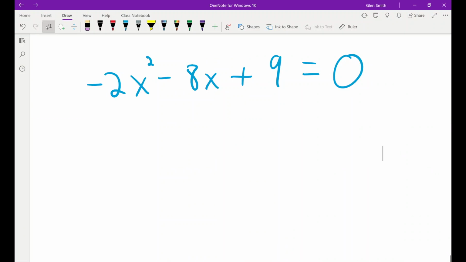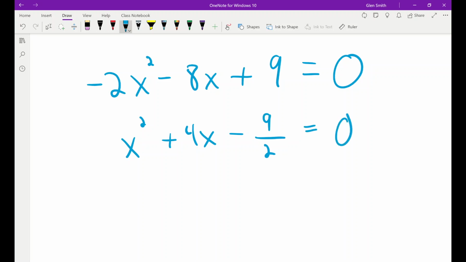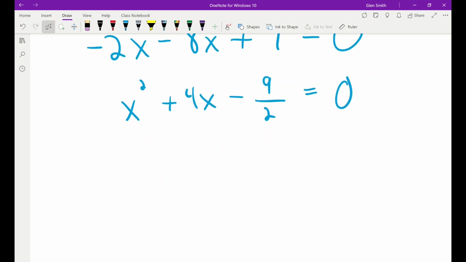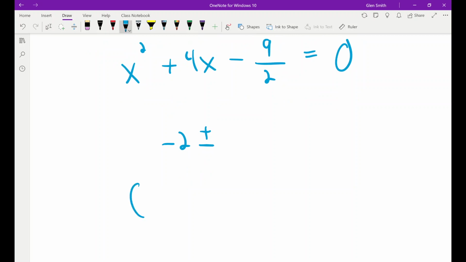So if you divide this by negative 2, this turns into x squared plus 4x minus 9 halves. And I solve that equation instead. So the plus 4x tells me negative 2 plus or minus. That's because I know it's going to be x plus 2 squared. Because when I square that out, I get x squared plus the 4x, but I also get a plus 4.